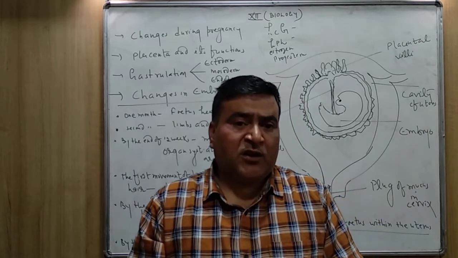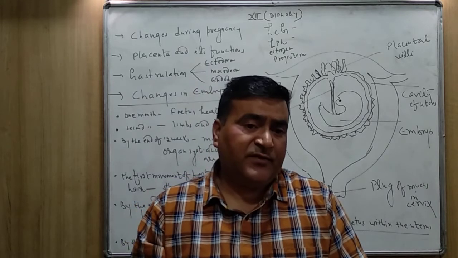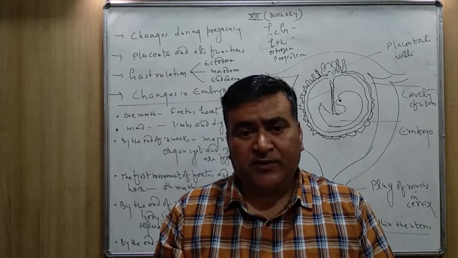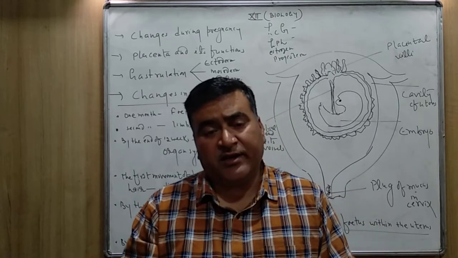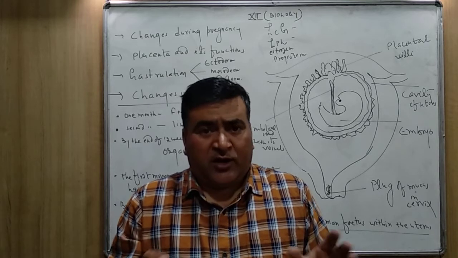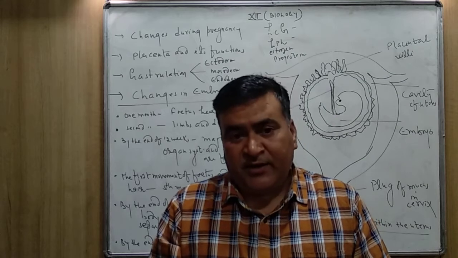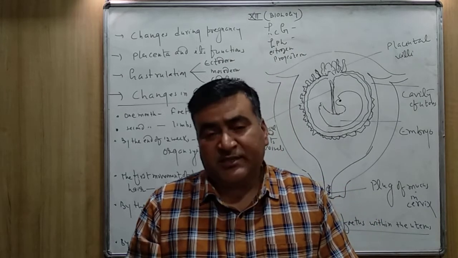These hormones are also responsible to increase the metabolic activities inside the female body, so it can properly look after the young ones inside the uterus. So overall, all these hormones are very, very important, which are secreted by the placenta.